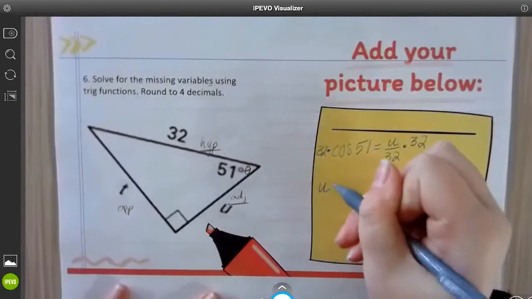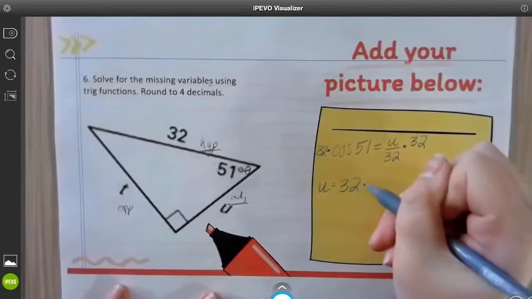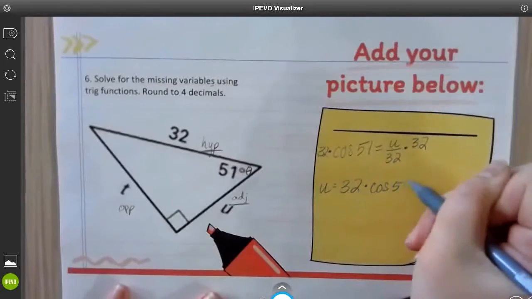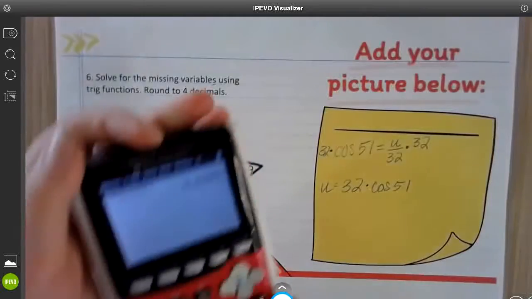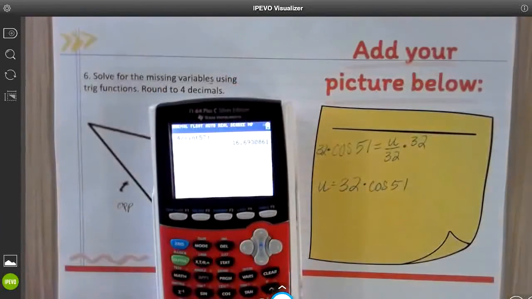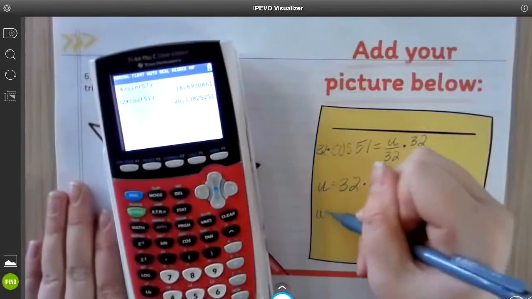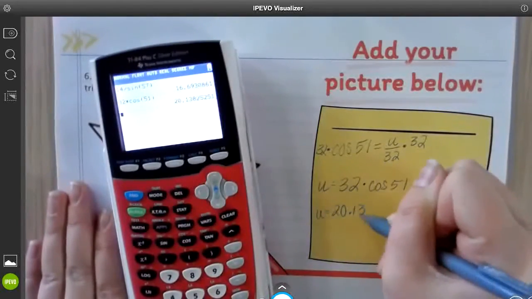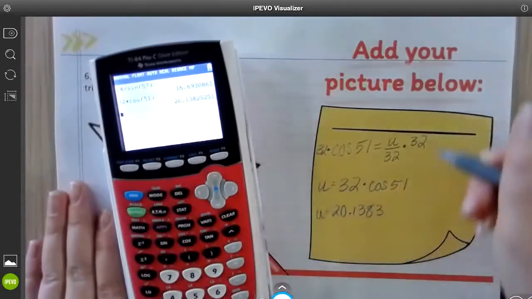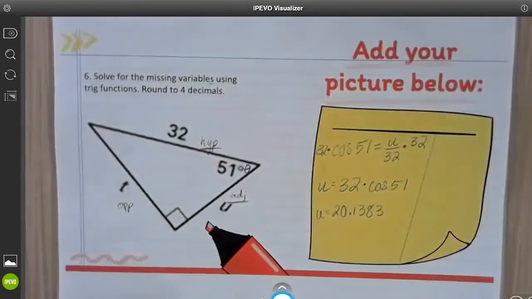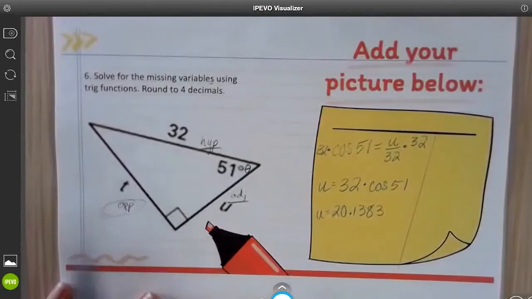So we're going to say u is equal to 32 times the cosine of 51. So that's what we're typing into our calculator. 32 times the cosine of 51. As a decimal, that will be 20.1383.